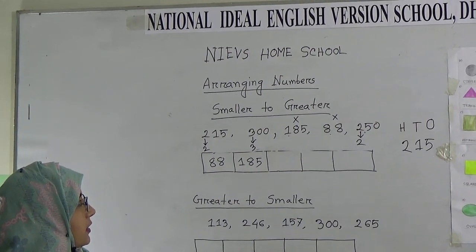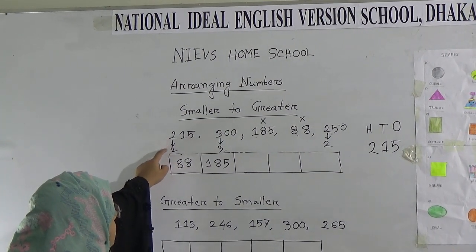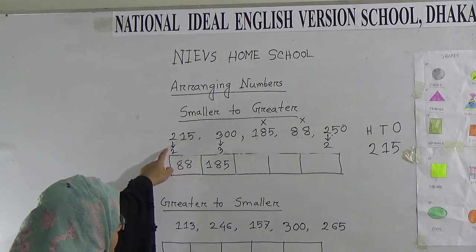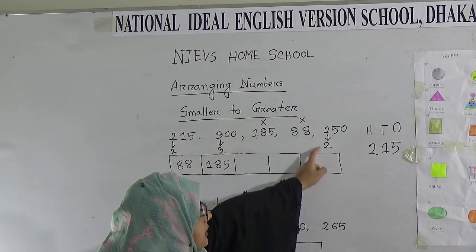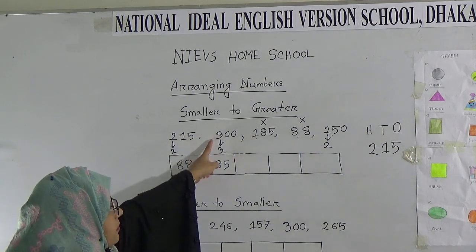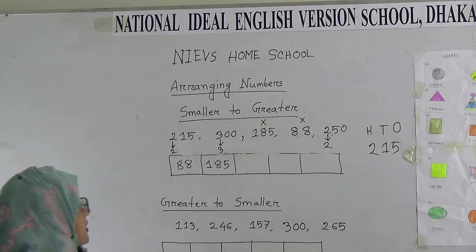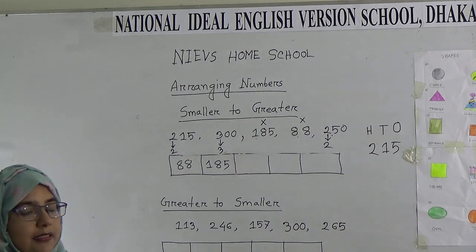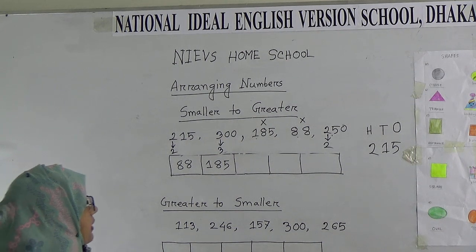Among these 3 numbers, the digit in the 100's place here is 2, here it is 3, and here it is 2. So this number means 200, this number means 300 and this number means 200. See, there are two 200's, and the other is 300.